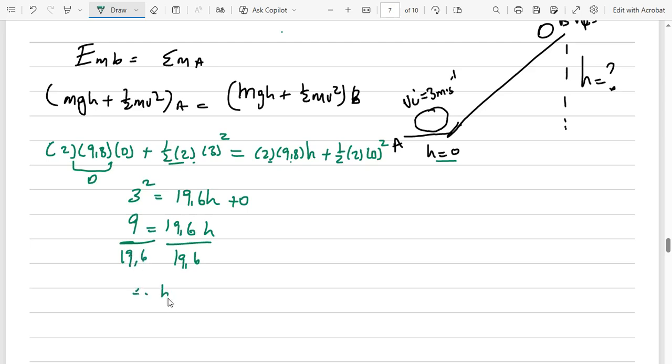Therefore, that's what H equals. So what do you get? 9 divided by 19.6 is 0.46. So we just calculated the height at point B.